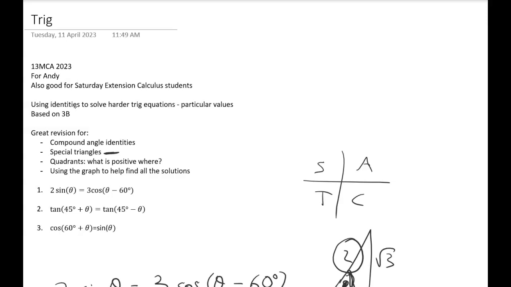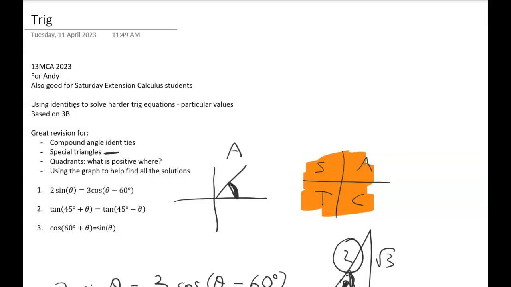I've just realized that in the 3 examples I picked out, I didn't need to use this quadrant thing here. But going over that, especially for people in the Saturday sessions, what this is telling me is which trig ratios are positive in which quadrant, right? So when I'm in this first quadrant here, all of them are positive.